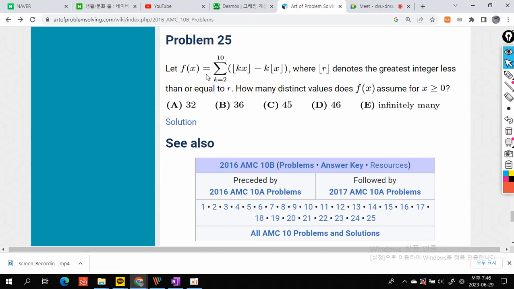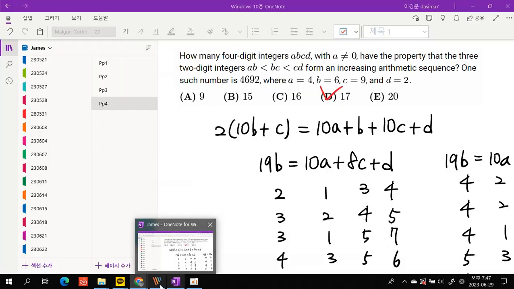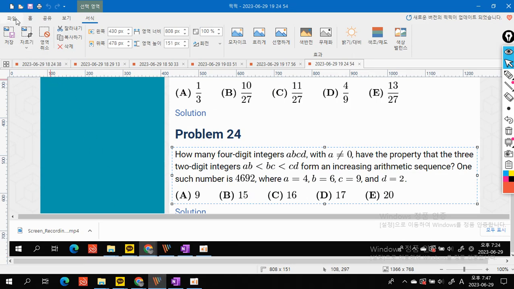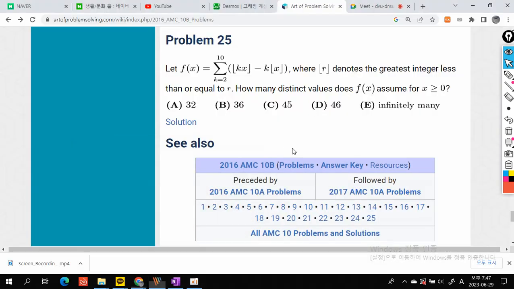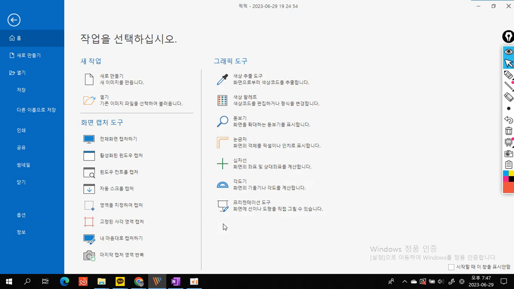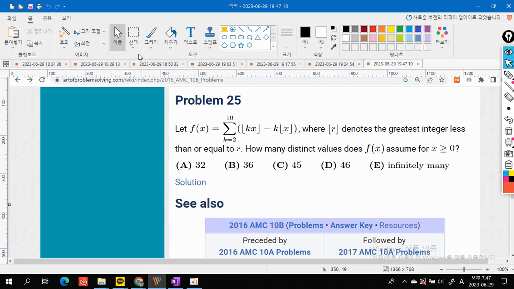And the last problem, we are using the greatest integer function. It's also called the floor function.